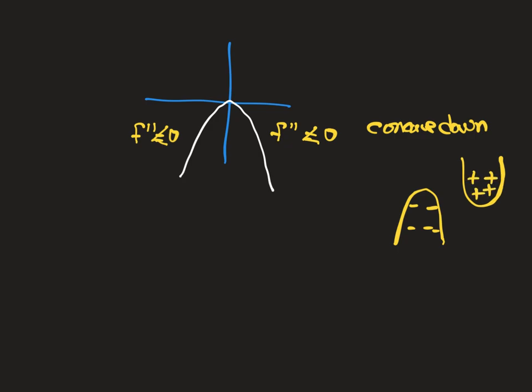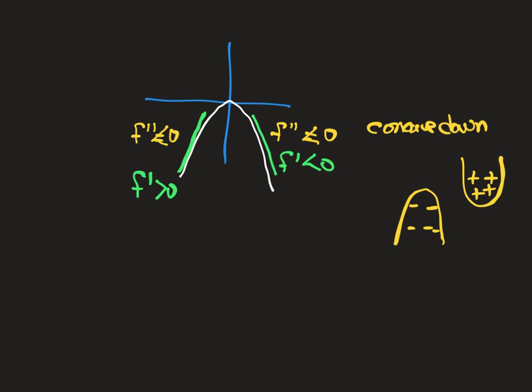There you go. But now, what do we got for the first derivative? First derivative is positive. See, the slope is positive, and the slope is negative. Okay? So you can remember that.